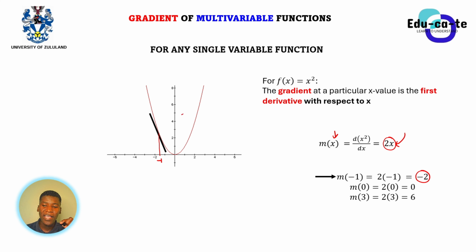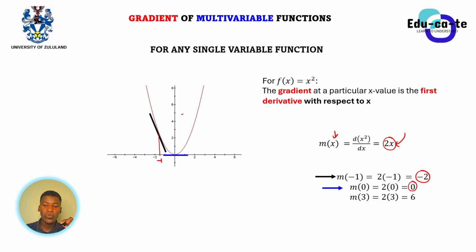Then you can also put another line here, this blue line. You can see that it is lying flat, or horizontal. So this tells us the gradient is 0 at that point. You can just substitute the x value of 0 into the equation of the gradient, and you find that the gradient is 0 at that point.